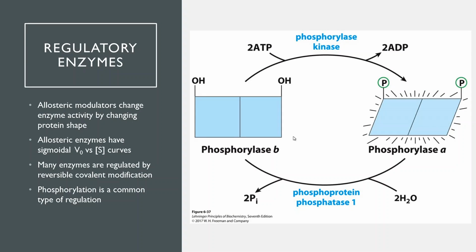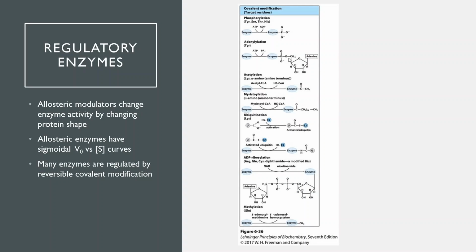Just as a more specific example, phosphorylation is probably one of the most common mechanisms for regulating not just enzymes, but other kinds of proteins as well. So some receptors and ion channels are also regulated by phosphorylation. What phosphorylation does, again, is it adds a phosphate group to specific residues on the protein.